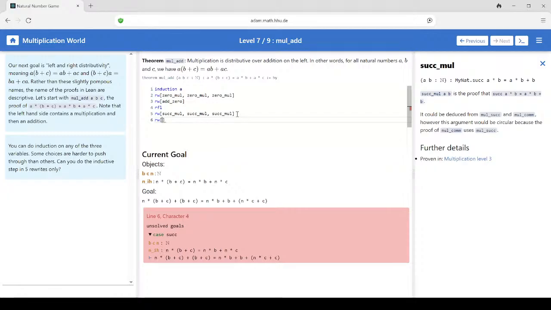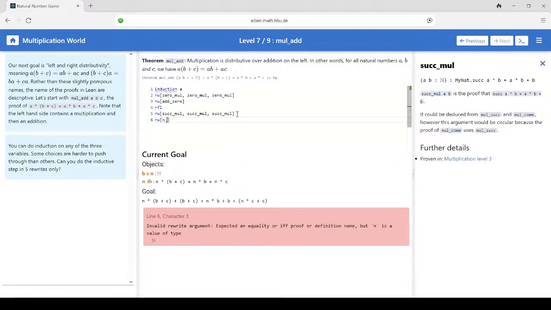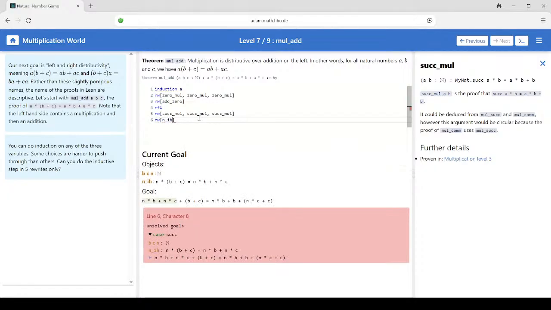I think this is what I had already, but I didn't know what I had. N times b, n times b, n times c, n times c, b, b, c, c. They are the same. I just need to somehow change the way the equations are written.